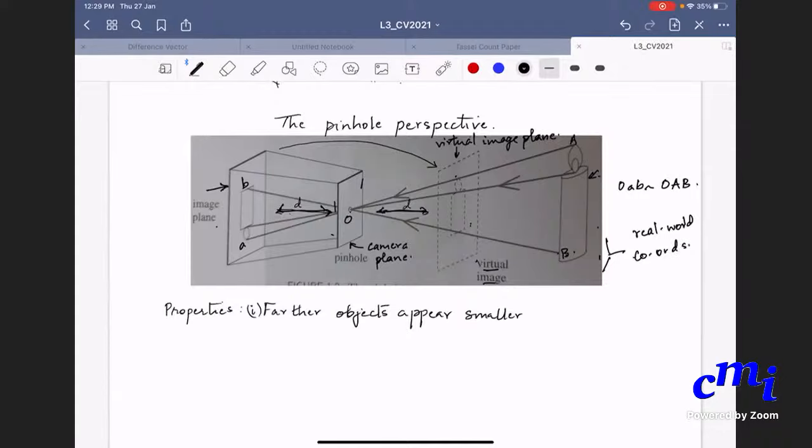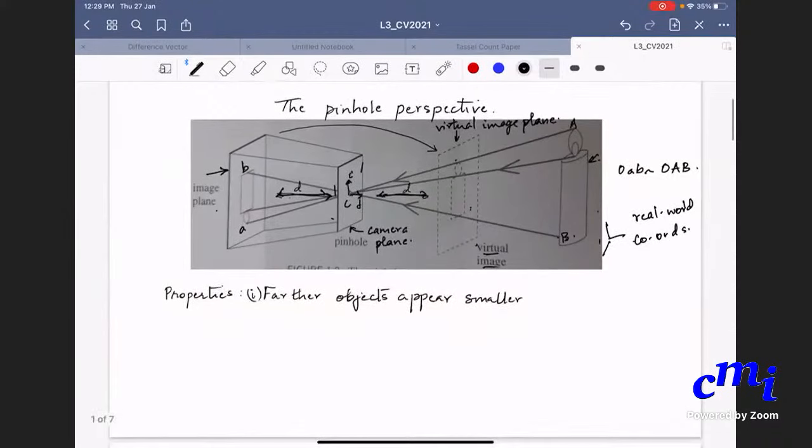This is the camera plane coordinates with origin at the pinhole, which means I'm going to take directions I and J, so this is on the plane, not in the direction of the ray. That's the camera plane, and here is the image plane.